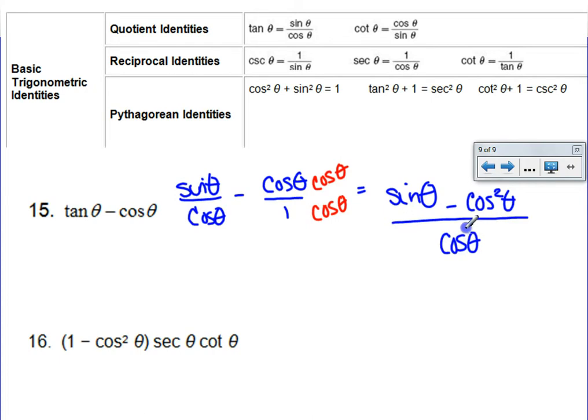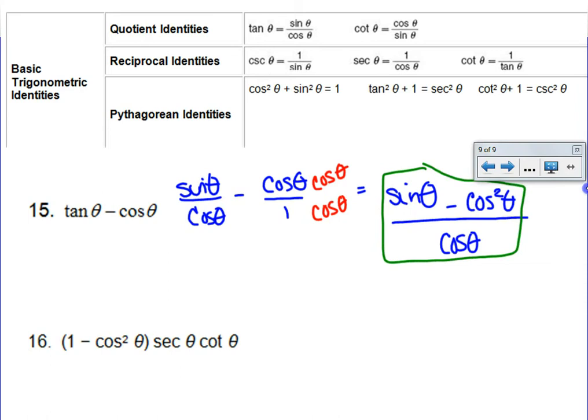I'm just kind of looking here to see if there's anything more we can trade out. At first glance, the cosine squared made me think of maybe a Pythagorean identity, but since sine is not squared, I can't trade this for anything, so actually this is as simple as that problem is going to get.